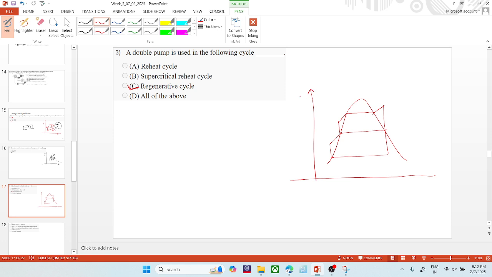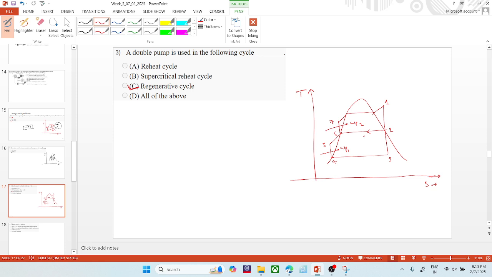So this is point 1, 2, 3, 4, 5, 6, 7. So one pump would be here, WP1 work, and one pump would be here, WP2 work.